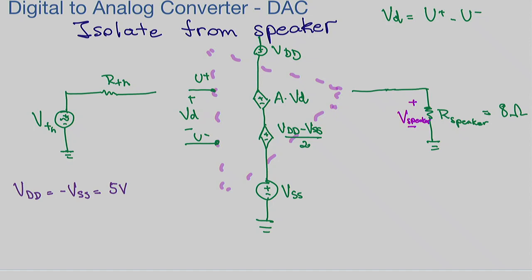Why? Look at our diagram. Over here, we have a voltage controlled, dependent voltage source that depends on VDD and VSS. So when we have VDD minus VSS here equal how much?